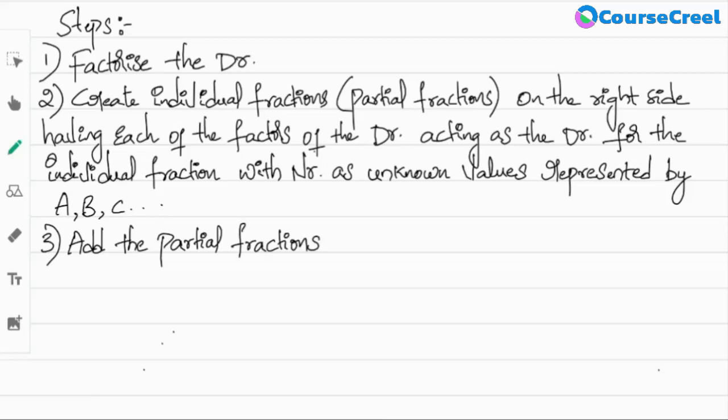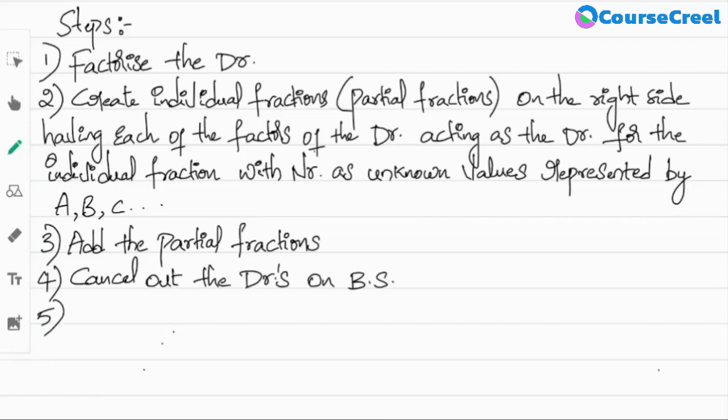So after adding the partial fractions, we'll have the same denominators on both sides. So cancel out the denominators on both sides as they are equal. After cancelling out the denominators, we are left with numerator expressions.